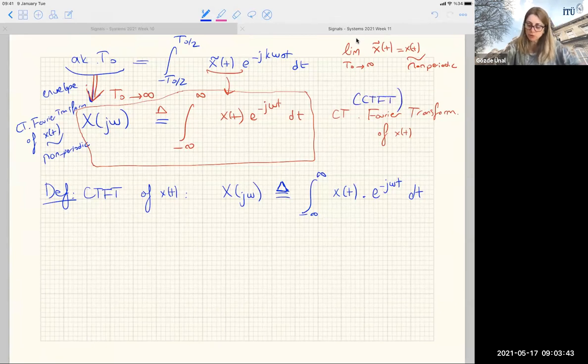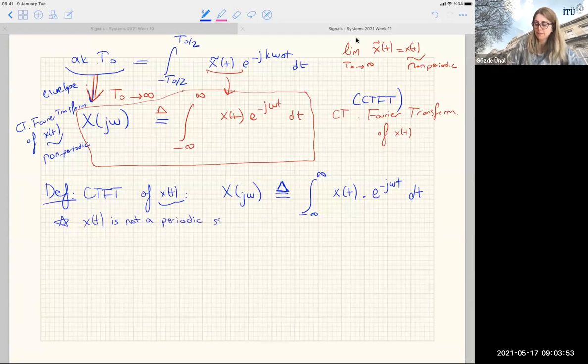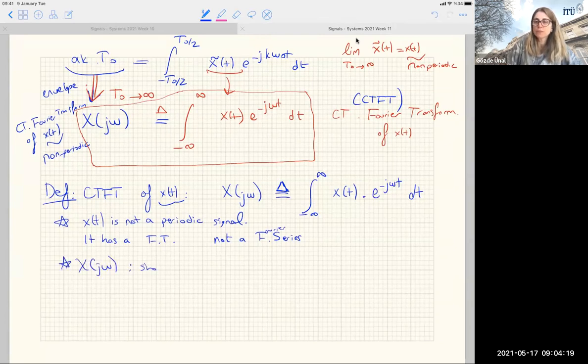So here the important thing is to note x of t is not periodic. It is not a periodic signal. So you see with the continuous time Fourier transform, I can really calculate it for any signal. That's nice. It is a Fourier transform, so not a Fourier series. The periodic signal has a Fourier series, and let's write that it also has a Fourier transform. And still X of j omega shows us the frequency content.